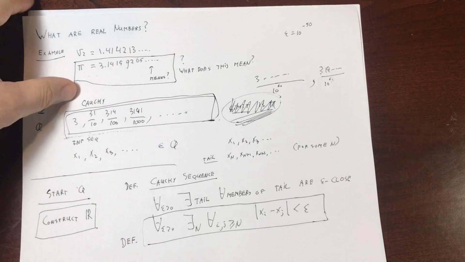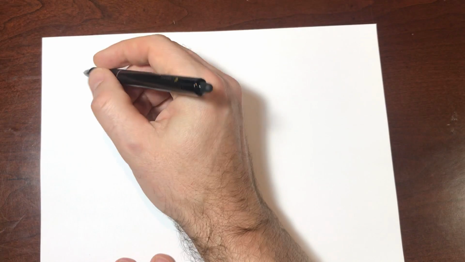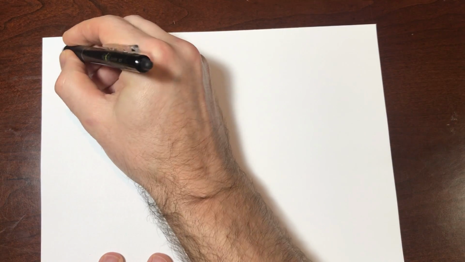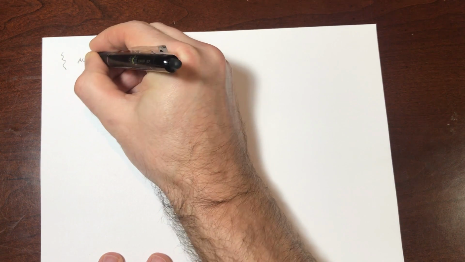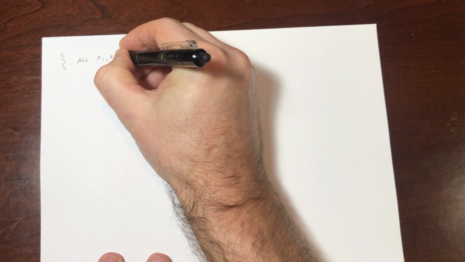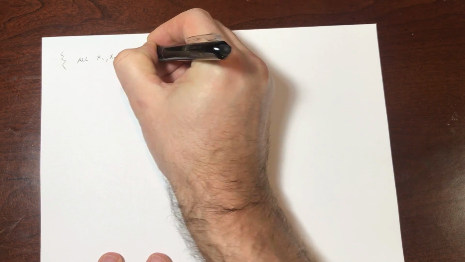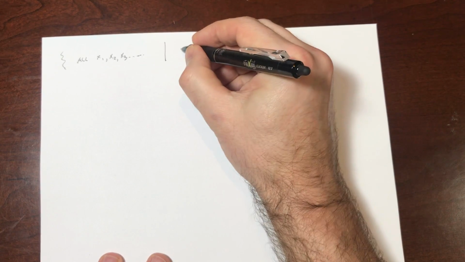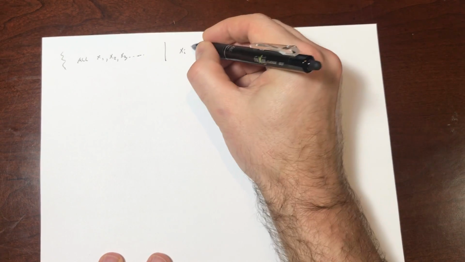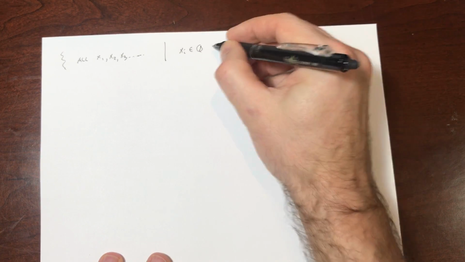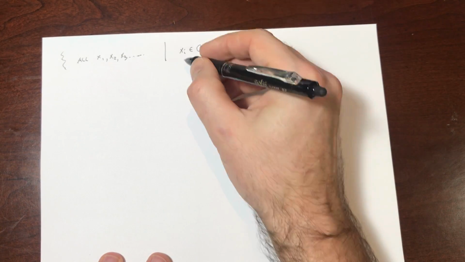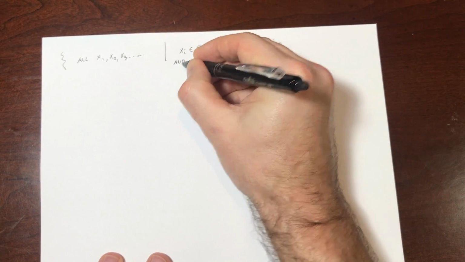Okay. So then what can I do? Well, let's take all Cauchy sequences. So take all Cauchy sequences, so sequences x1, x2, x3, etc., for which all of these guys are rational numbers, and the sequence is Cauchy.